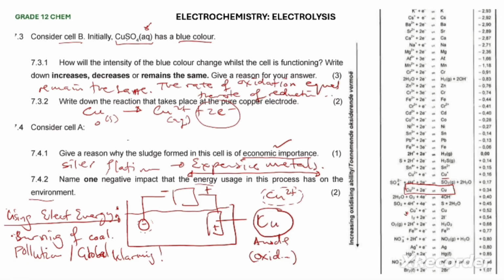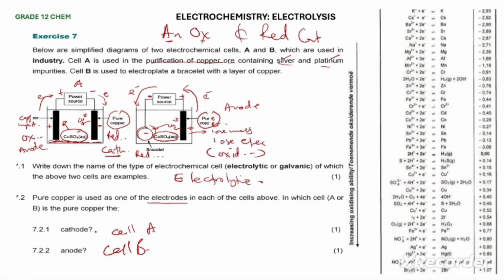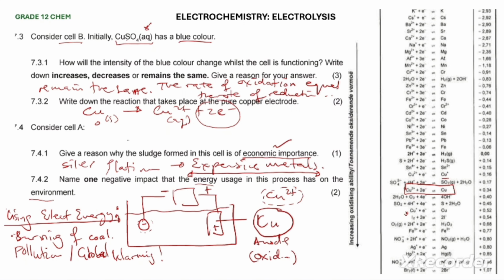Remember, the question is all about refining, what is it that we have here? Purification of copper ore. So there obviously is some kind of mining involved to get that particular ore that we have, and more and more. So during the mining process, we destroy habitats as well.